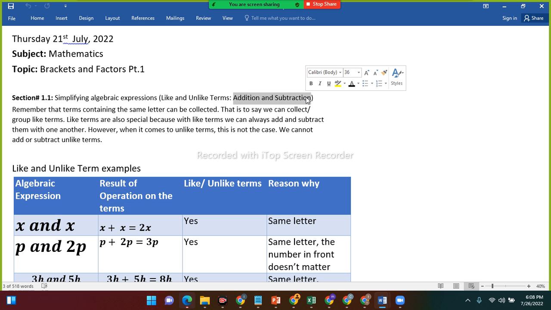Then we transitioned over to section 2, and section 2 yesterday was about removing the parentheses and simplifying. Today, we're going to be looking at essentially factorization, and we're going to spend a great deal of time looking at how to factorize terms and finding the common factor and stuff like that.